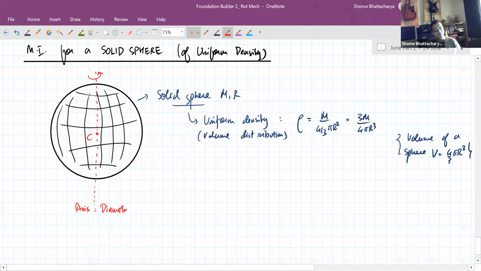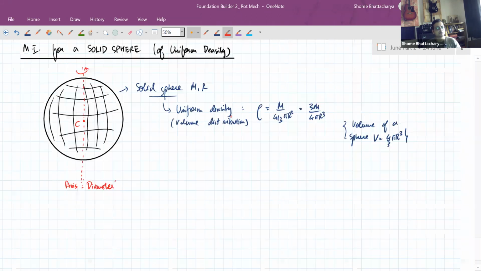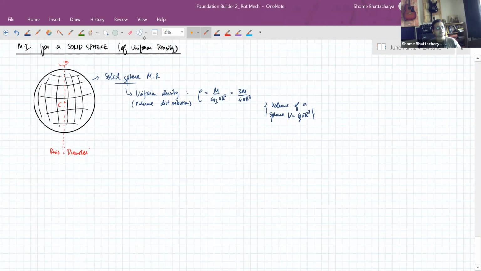So again, any axis passing through the center is a diameter axis. To calculate moment of inertia, we will go with the shell method.